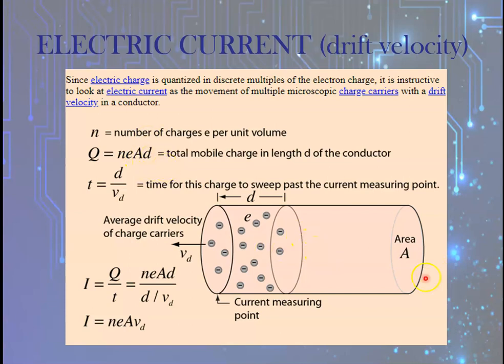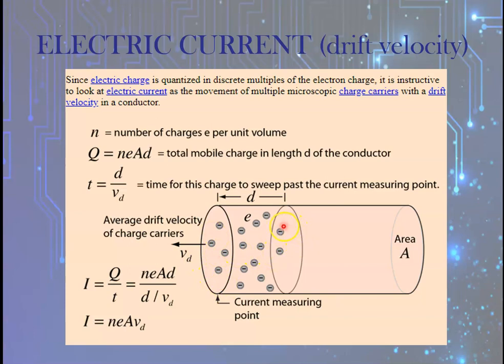Let's say I have a cylinder container here. The electron is moving from this part to this part with a distance of d, and this cylinder has a surface area of A. Let's say this is my current measuring point.